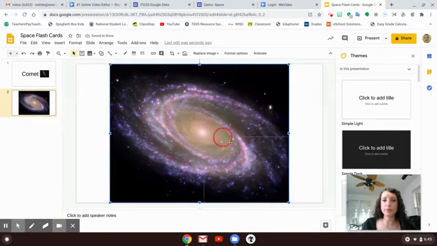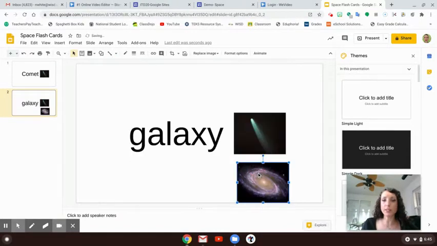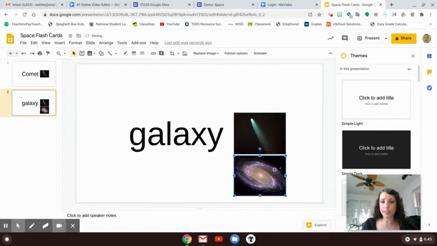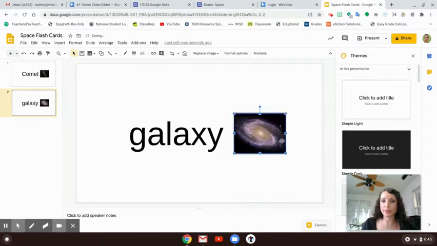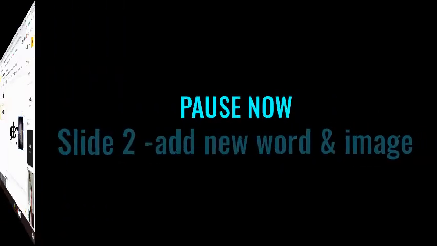Scale it down. I like to leave these previous images so it kind of gives me a guideline of how big I need to. That's pretty close. So now I can move that one, click on the other one, delete, and this one goes back up, and there you go.